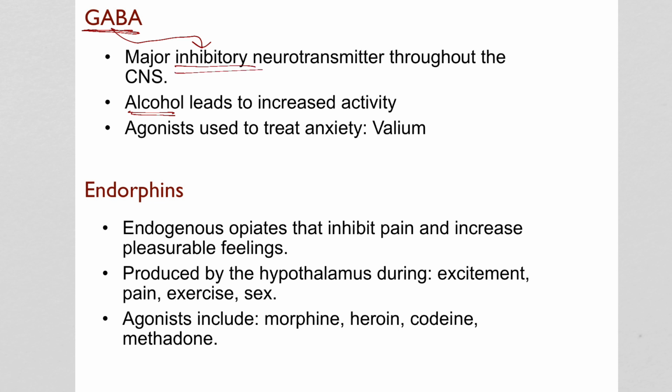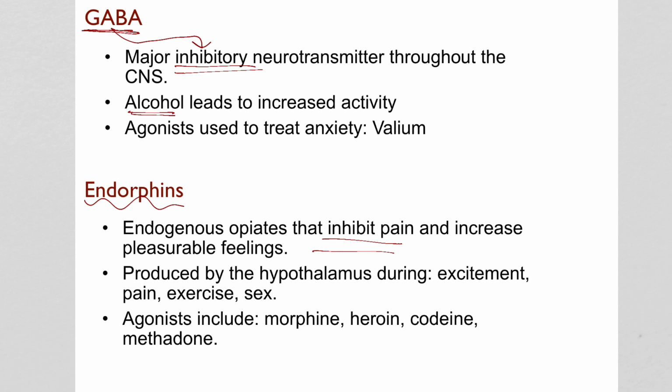All right. And then lastly, I wanted to mention endorphins. These are sometimes called endogenous opiates. So opioid drugs are mimicking endorphins in a lot of ways and activating the receptors. And this makes sense because endorphins inhibit pain. And so we use opioid drugs to further inhibit that pain response.